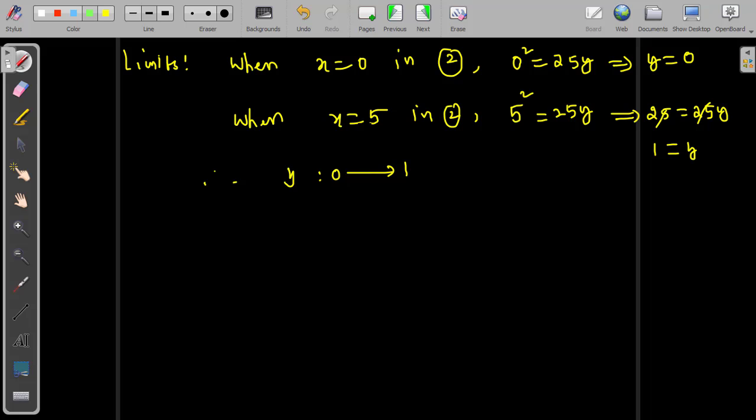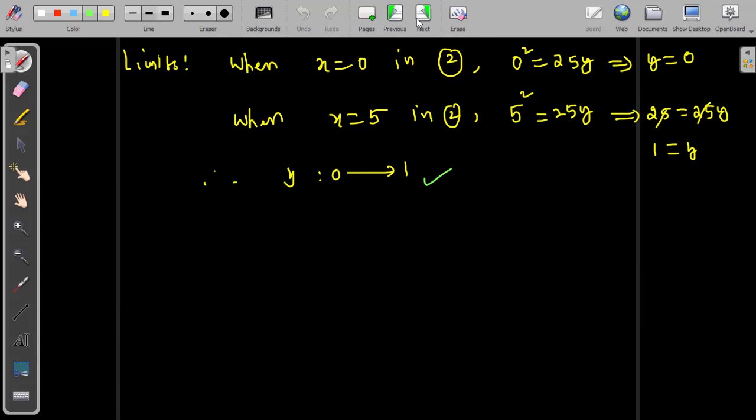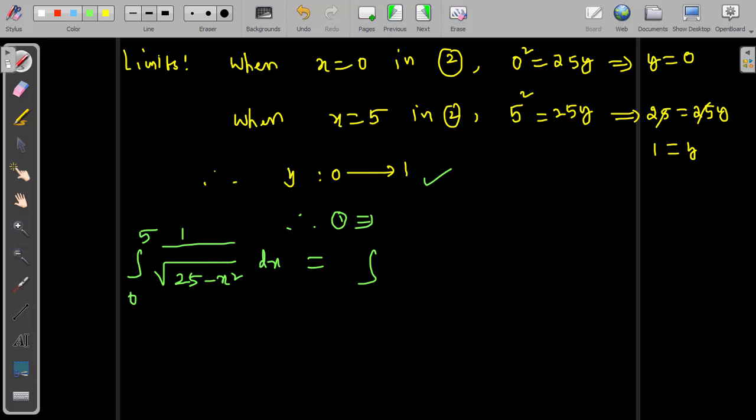Now we need to substitute this in equation 2 and 2.1 if required, and this 3 in equation number 1. Therefore equation 1 implies LHS integral 0 to 5, 1 by root of 25 minus x square dx. This is the integral given. Rewriting, y goes from 0 to 1.